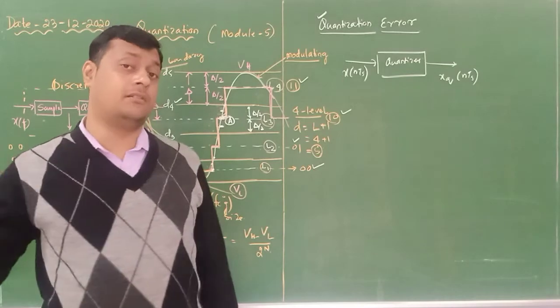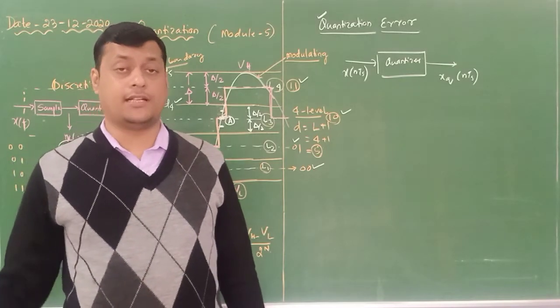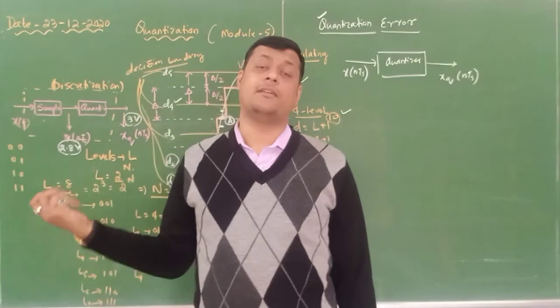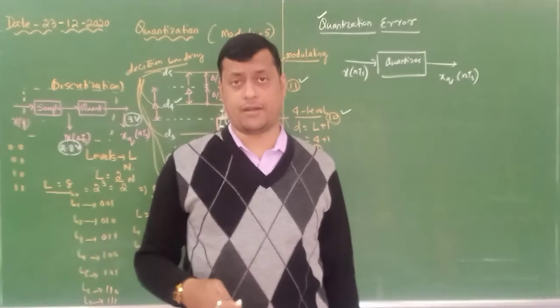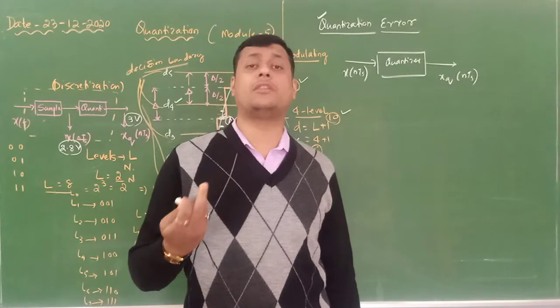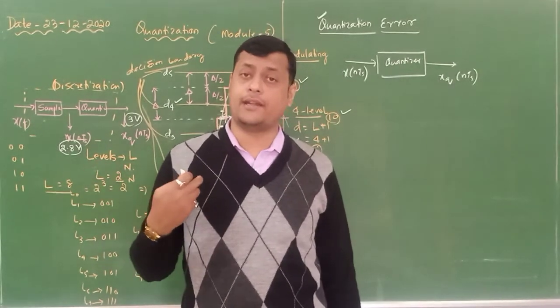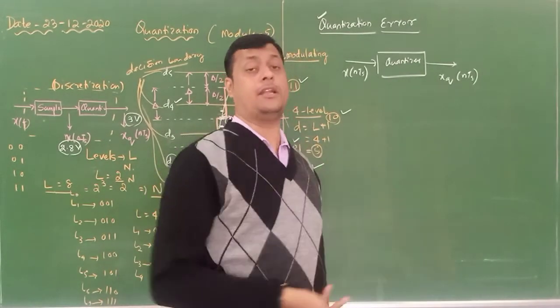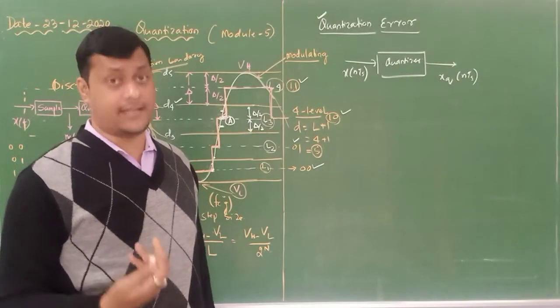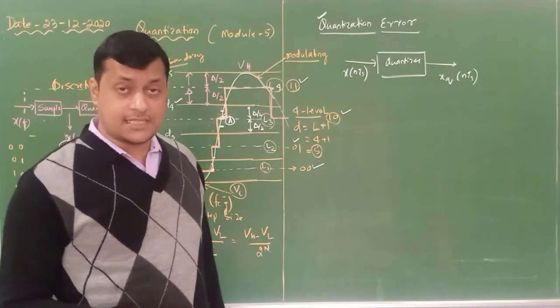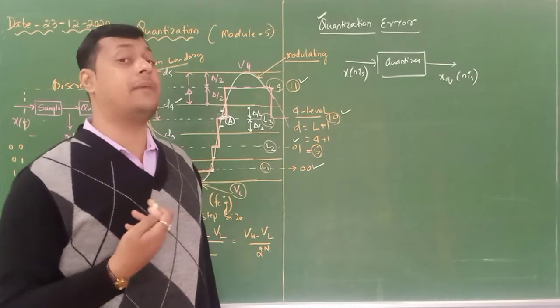Similarly, when we come to pulse code modulation or this quantization stage, some error is also identified, and this error contributes to the noise, because I am providing 2.8 volt, but after quantization it gives 3 volt, which is a slight error. So how do we minimize this particular error? That is our main motive.